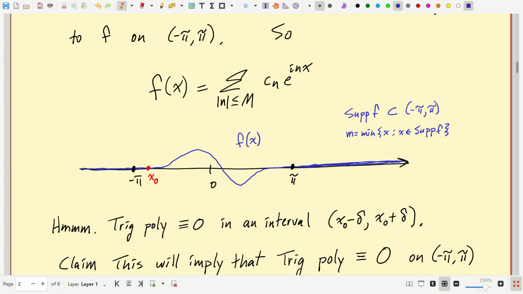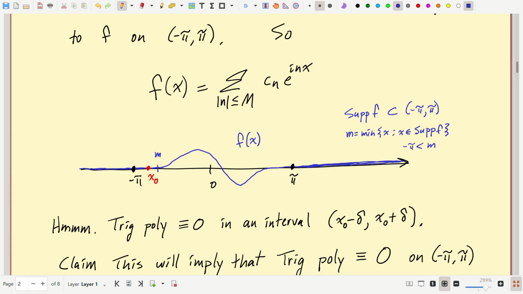That's a closed set. And so, in fact, that M is going to be over here somewhere. The M can't be minus pi. So remember, the identity function is a continuous function on that compact set. So it has a minimum. And the minimum isn't minus pi. That minimum would be attained. Okay, and so it must be true that minus pi is strictly less than M. Does that answer your question?